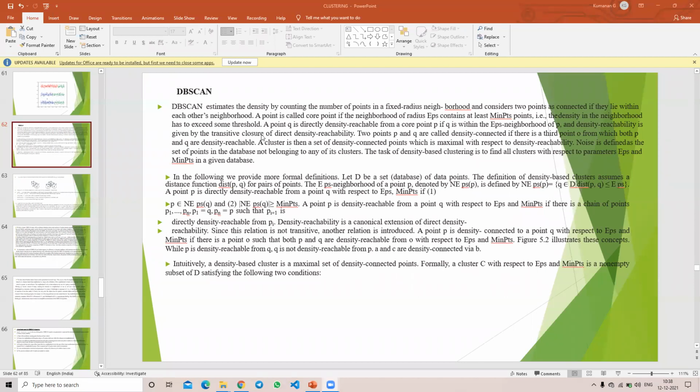Hi, in a later video, I gave a detailed introduction to the density-based scanning algorithm.